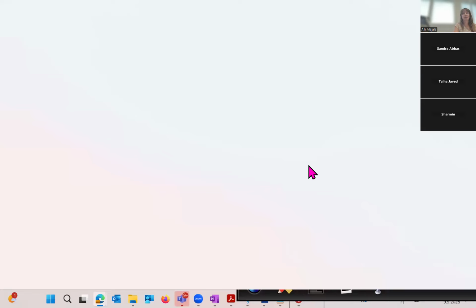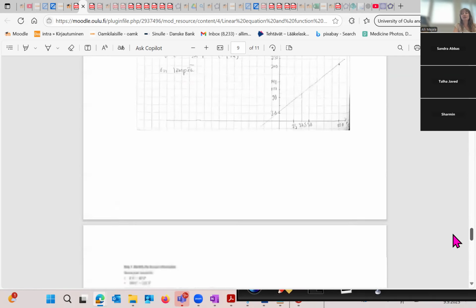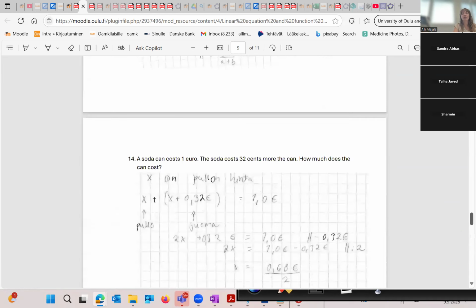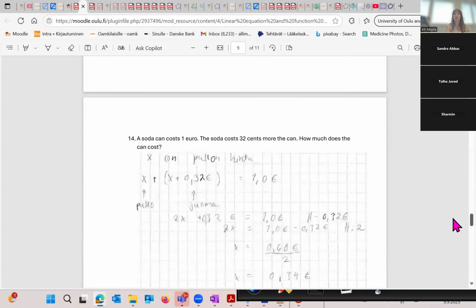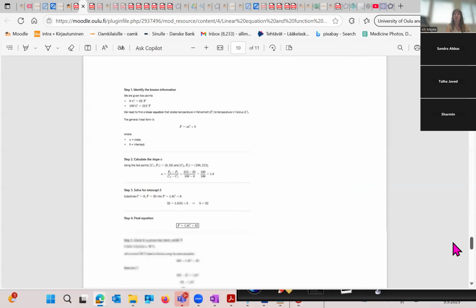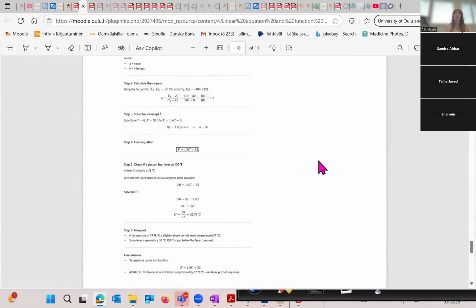Not all. Yeah, maybe it's good practice to think a bit how to form an equation. So we could continue with that still this lesson. Yes? And there are also some solutions. I thought there's some kind of solution here as well, done with the AI. Here is actually a similar way of solving this.